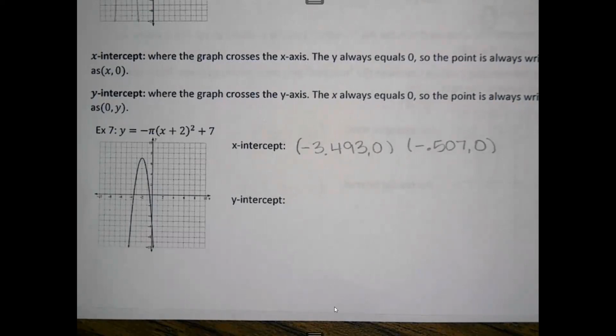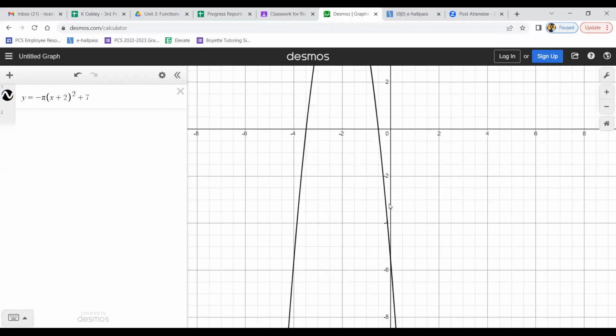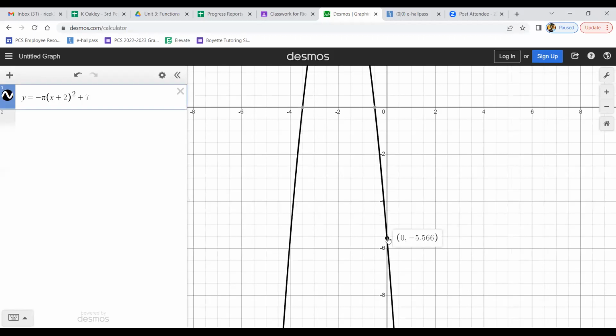Okay, and then let's go ahead and find the y-intercept also. So 0, -5.566.